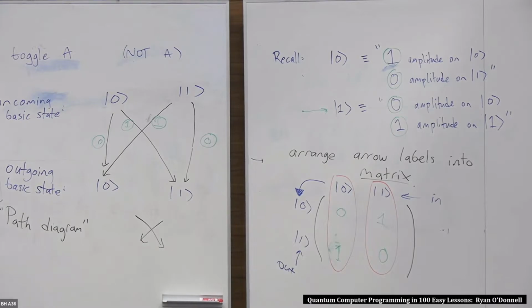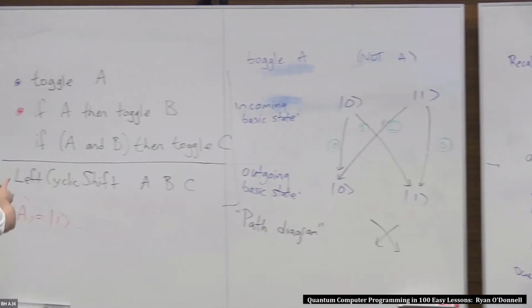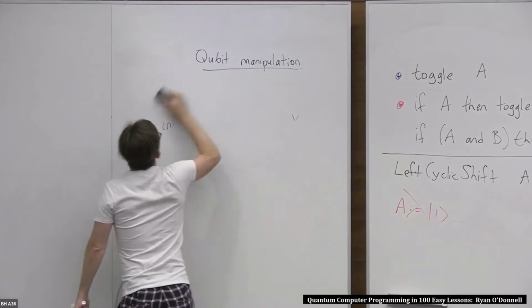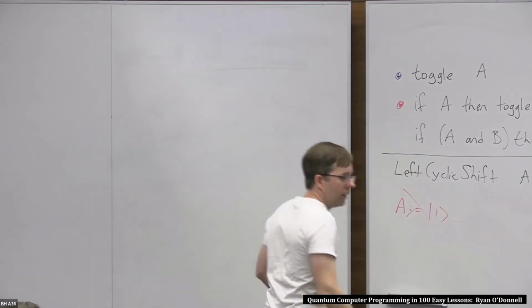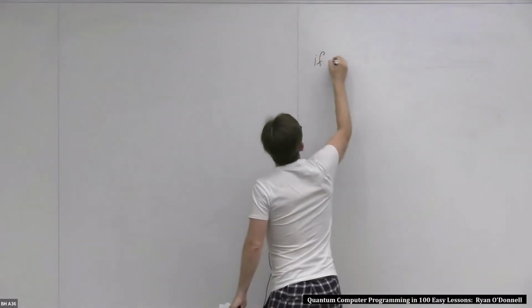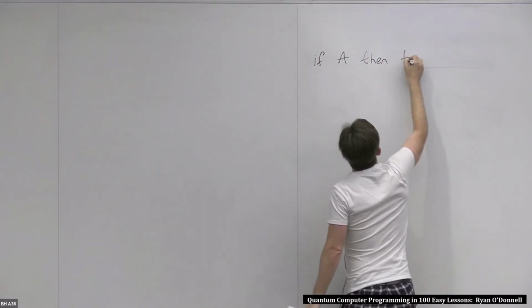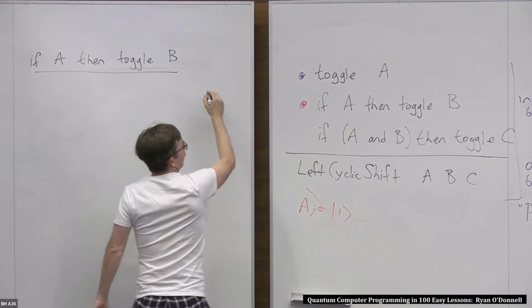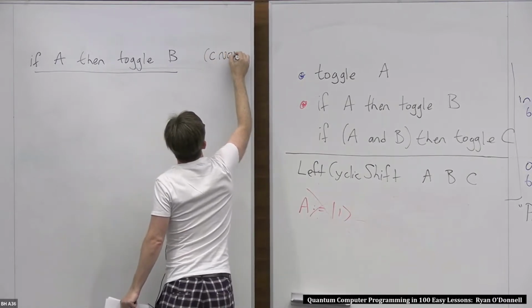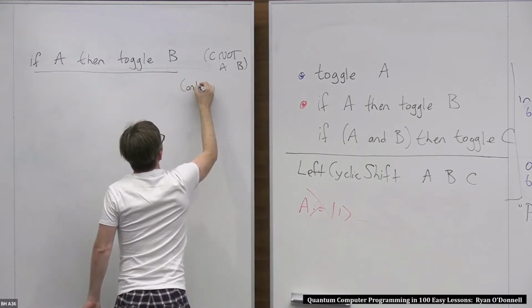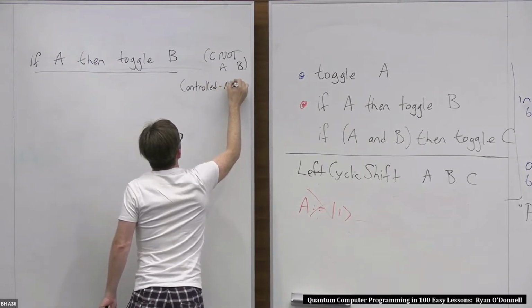Okay, so let me do another example here: if A then toggle B. So I mentioned the thing that people really call this is C-NOT AB, which stands for controlled NOT.